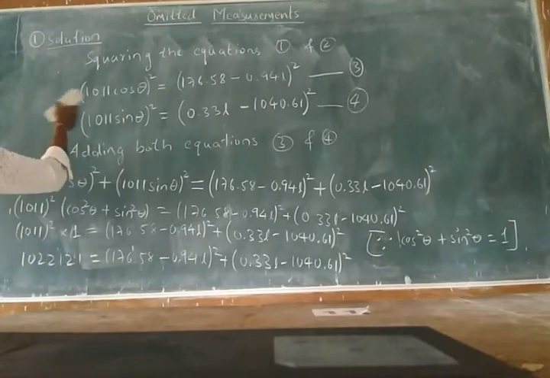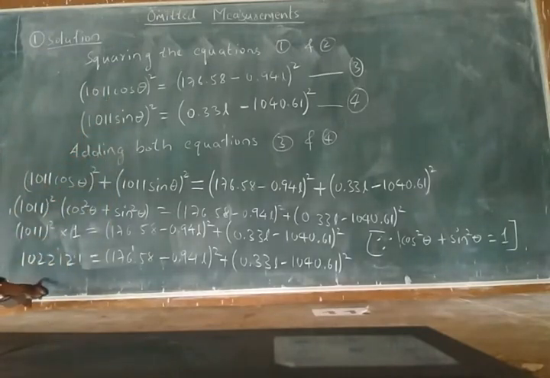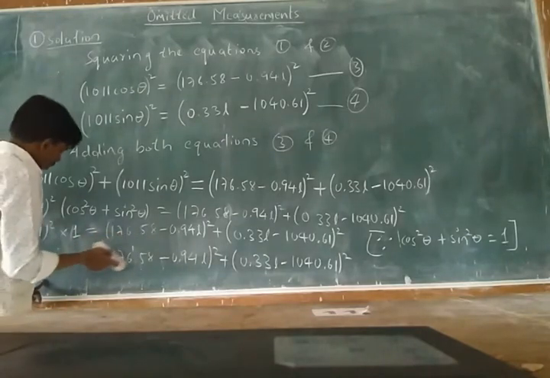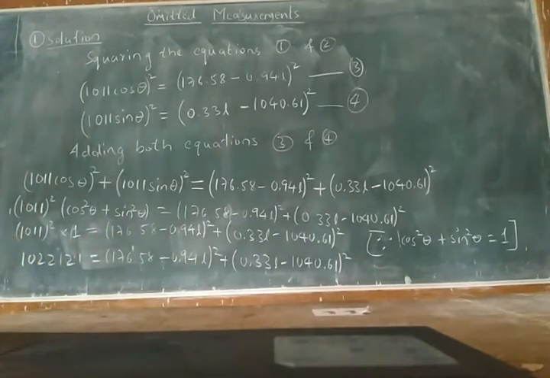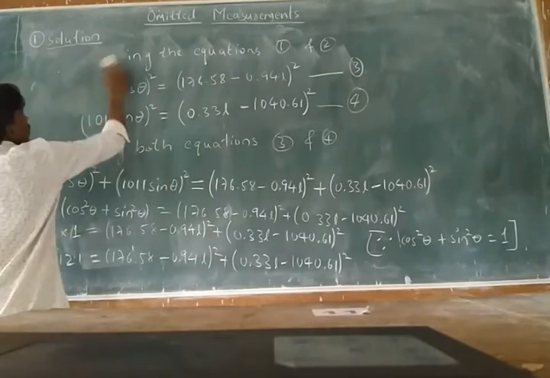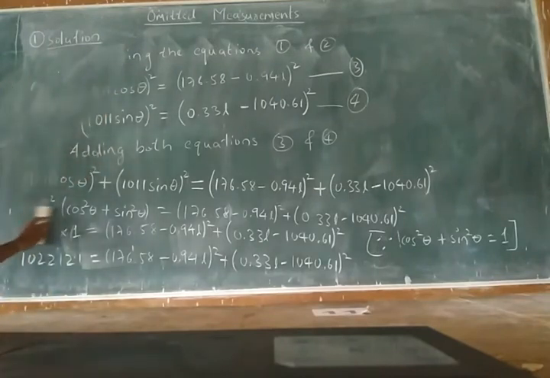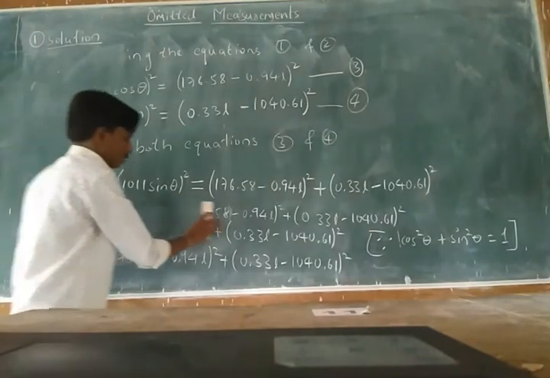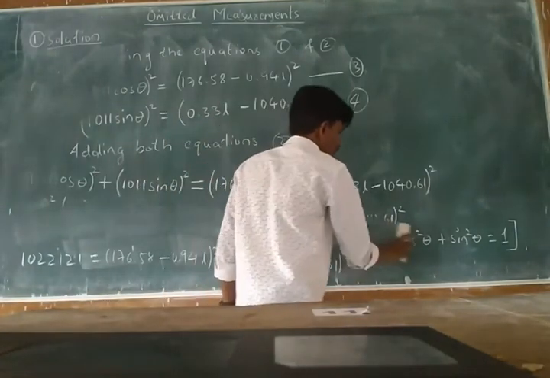Now I am going to erase this. So we have obtained the value of 1011 whole square here. Now we have to continue the problem from the last line. So I am going to leave the last line there.